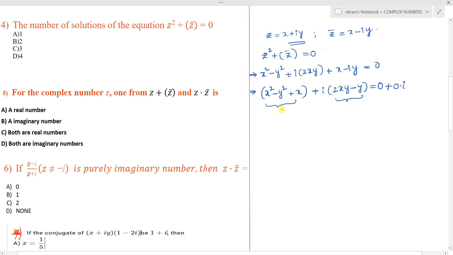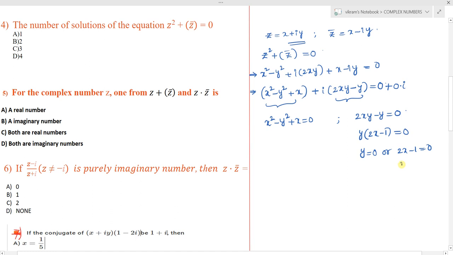Two complex numbers are equal if and only if their real parts are equal and imaginary parts are equal. That means x square minus y square plus x equals 0, and another condition, 2xy minus y equals 0. Taking y as common, y times (2x minus 1) equals 0.